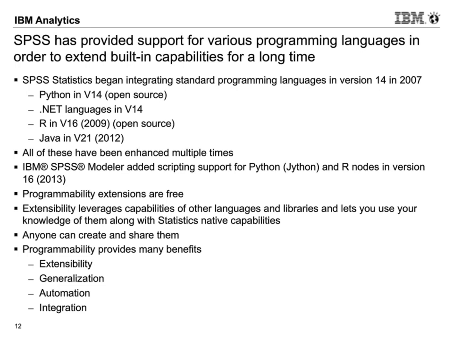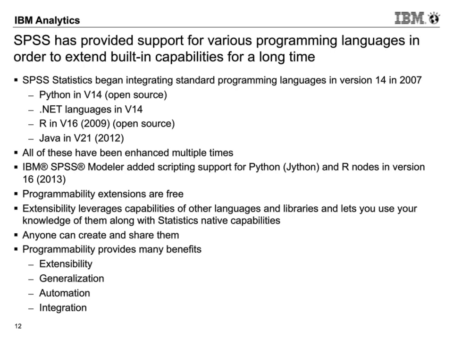Current version is version 17 now, so it's been out for 2 releases. All these programmability add-ons in both Statistics and Modeler are free. So once you have the base product, whether you have SPSS Statistics or Modeler Professional, you can add in the support in any of these languages without any extra licensing or extra cost.